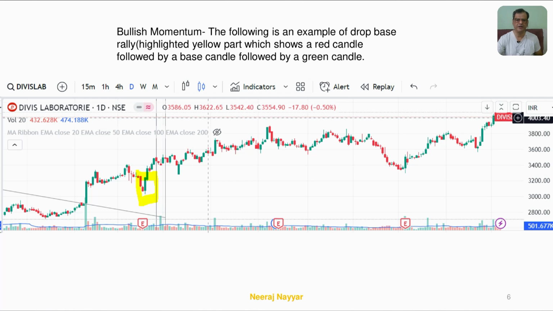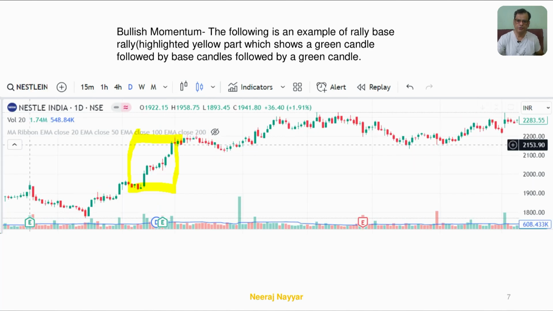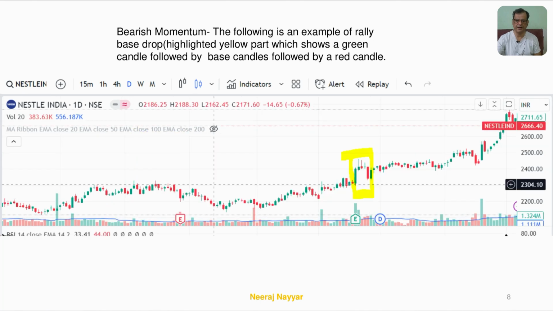This is the drop base rally pattern demonstrated here. Let's go to bullish momentum again, where you have this rally here with the two green candles. Then you have consolidation here, small body candles, some doji, and then again the price goes up. So this is rally, base, rally. This is how the pattern plays out.